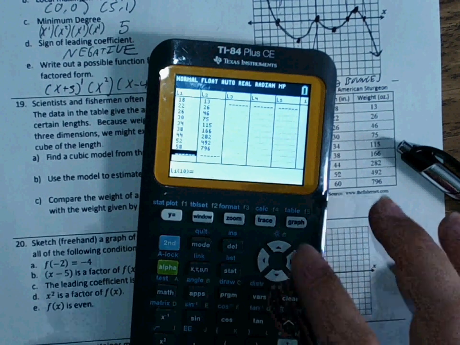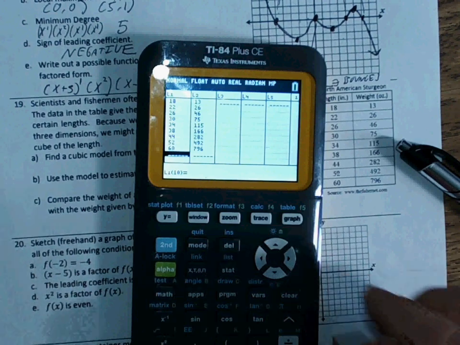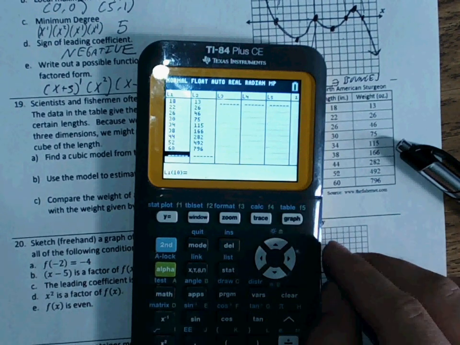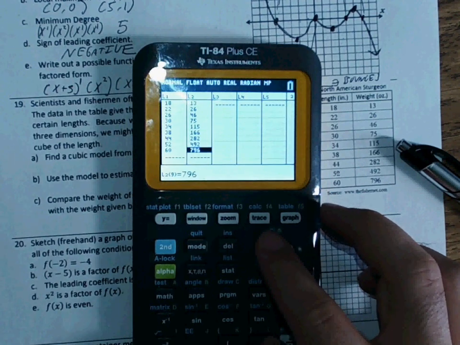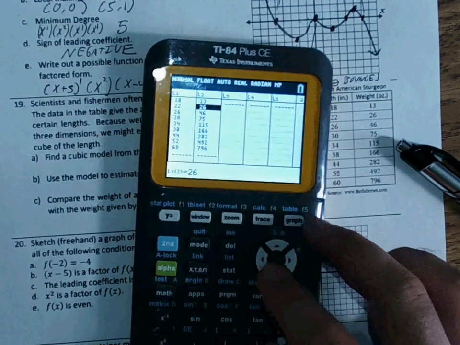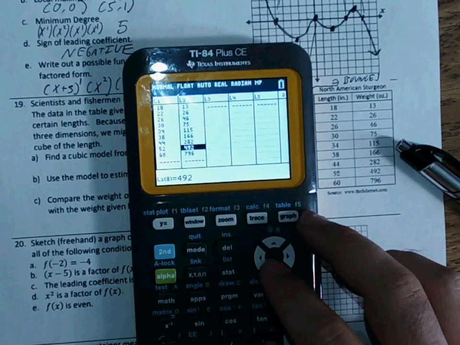But really, remember that value is 60. Then, for weight, I plug in 13, 26, 46, 75, 115, 166, 282, 492, 796.